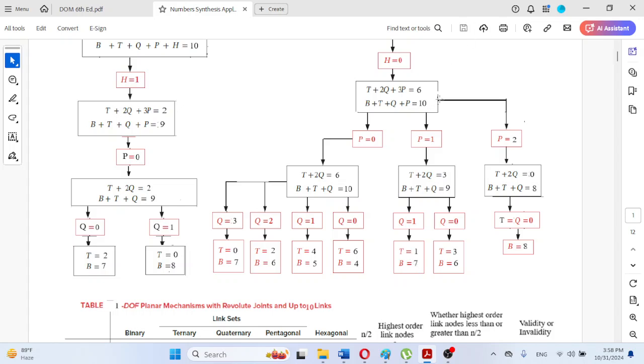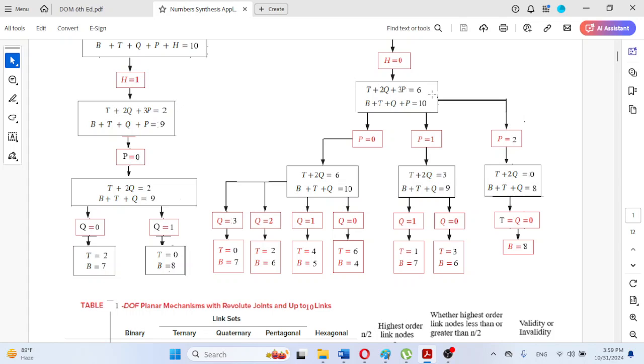So now we proceed to the last value of p, which is equal to 2 for the hexagonal 0 case. And as we can observe, when p is equal to 2, 3 multiplied by 2 will be 6.